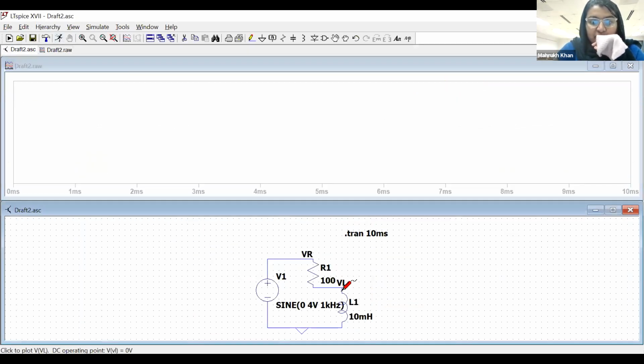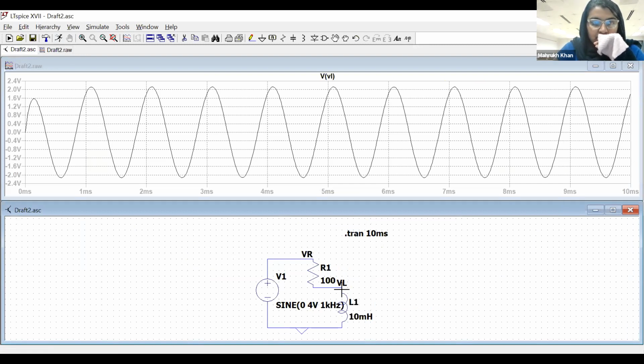Means the inductor voltage should be 2 volts. Almost there, right? So with keeping this at this, you will fill the table for VRPP, like the peak-to-peak voltage. Then you will find out your IPP, which is the same for your VR and IL, and then you will fill this table, right?